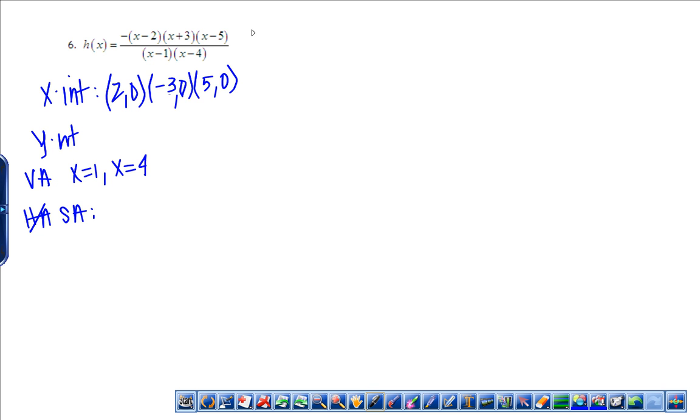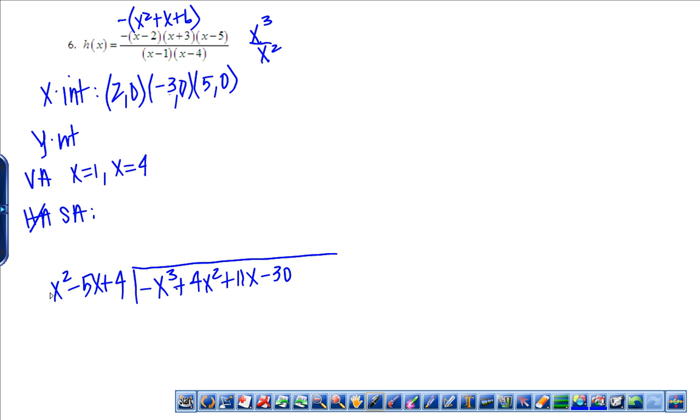So let's see, I've got an x to the third on top and an x squared. So I'm going to have to multiply this out. Now let's multiply. So this gives me an x value. That gives me, whoops, how about a negative? That gives me -x cubed, positive 5x squared, and that gives me -4x.